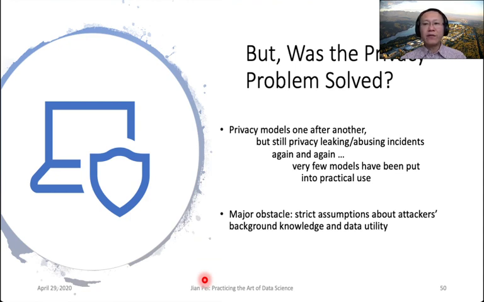Very few models published in academia have been put into practical use. The main obstacle here is that the strict assumptions about the attacker's background knowledge and the data utility really hinder the real applications of those privacy models in specific scenarios.